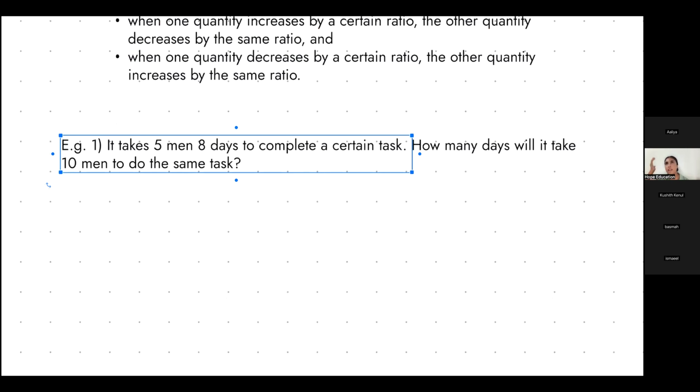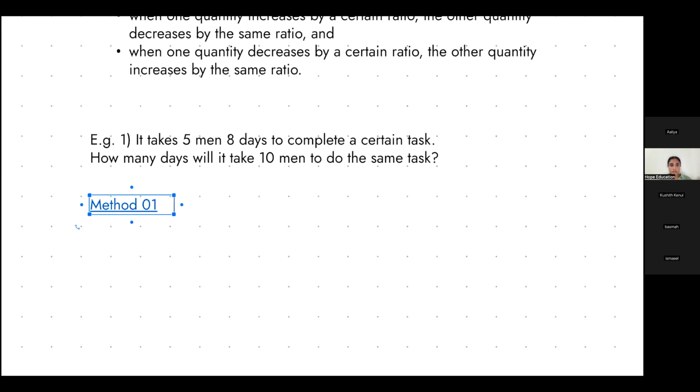So we can have an idea about the size of the task, right? Minisu 5 denek 8 days වැඩ කරන්න ඕනේ තරමේ task එකක් තියෙනවා. If we increase the number of men by 10 men, how many days will we need is what is asked. This is a very simple question. Usually inverse proportion questions are a little bit more advanced than this.